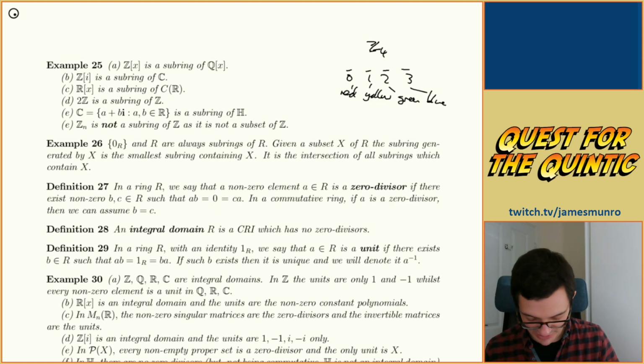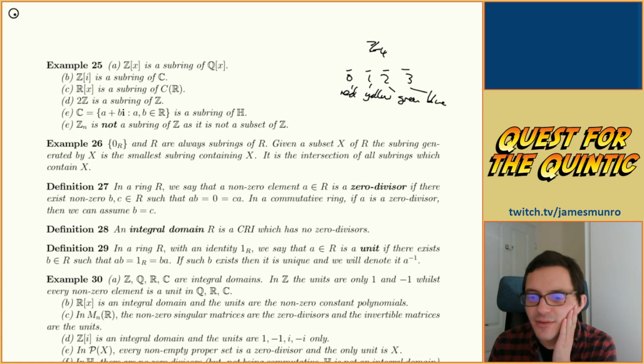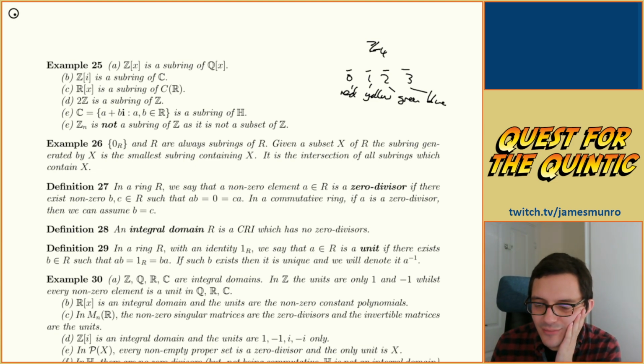And an integral domain. Why is that called integral? Sort of entire, right? Rather than integration. I'm supposed to think about an entire object. No zero divisors.